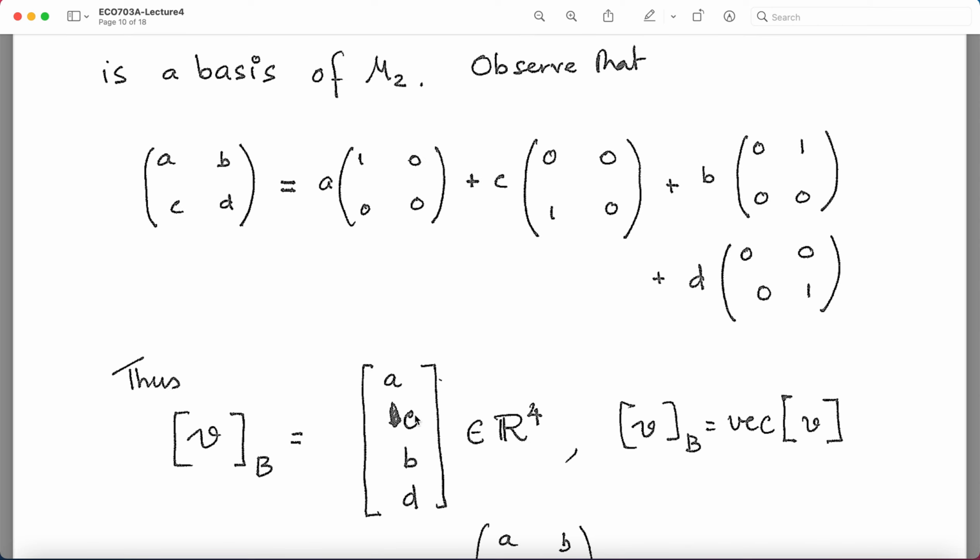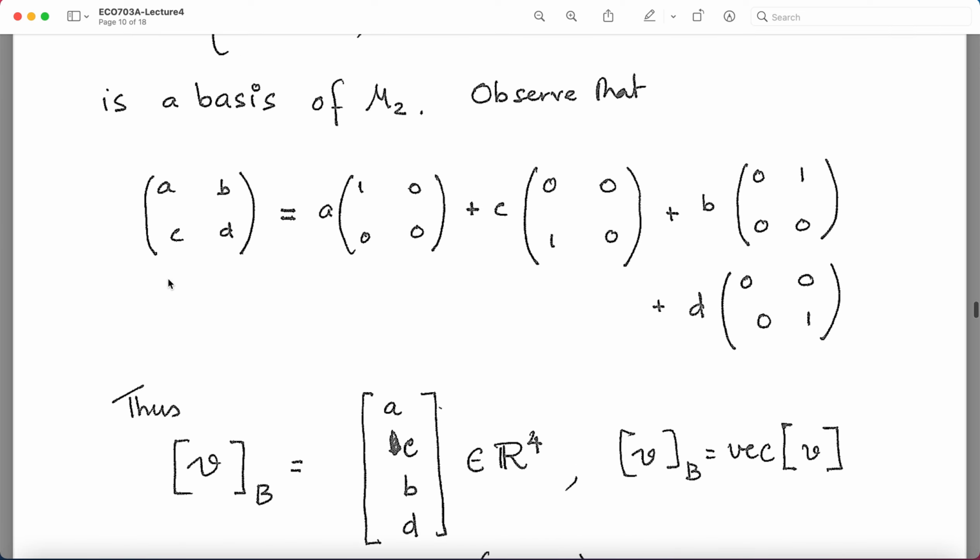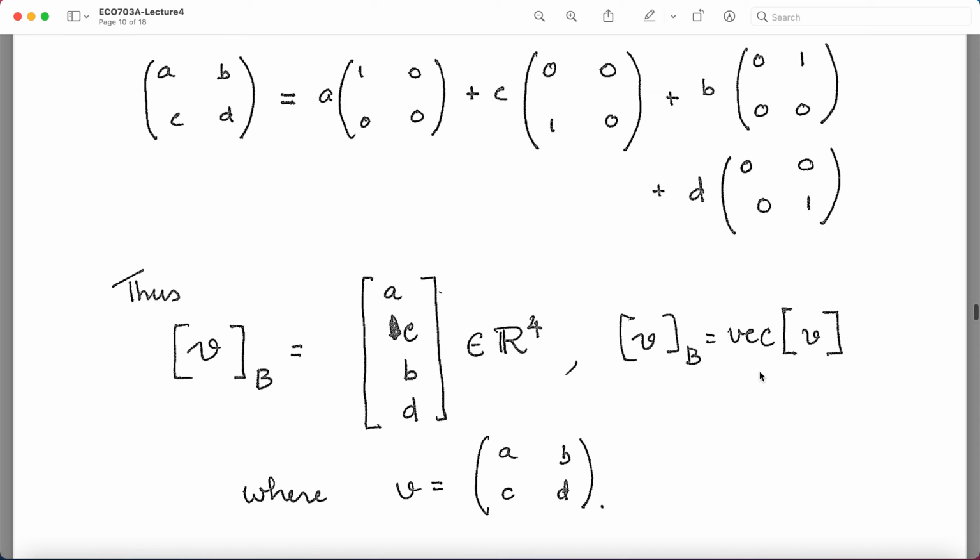That is A, C, B, D. So, what we have done? We have taken the first column vector, put it at the beginning, and the second column vector stacked below it. The coordinate is given by the vec operation, which we had learned earlier when we studied matrices.